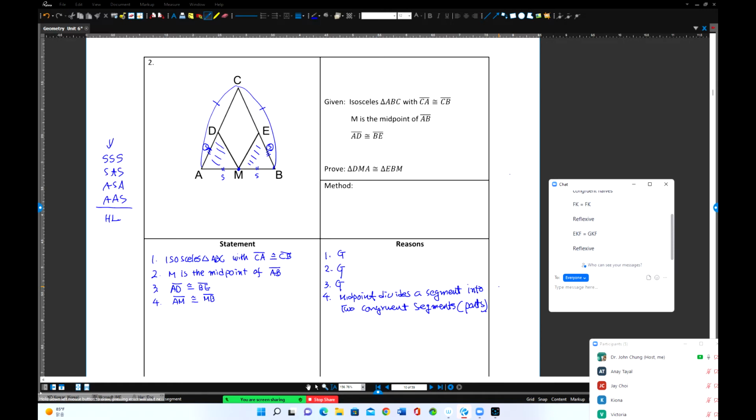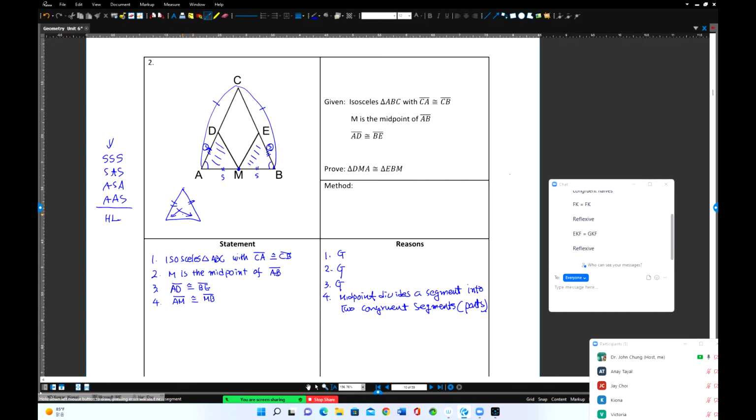It will be a segment? We don't know, it didn't say anything about this one. Maybe angles? Angles is okay. Why? Because this is isosceles. In an isosceles triangle, two congruent sides have opposite angles congruent.